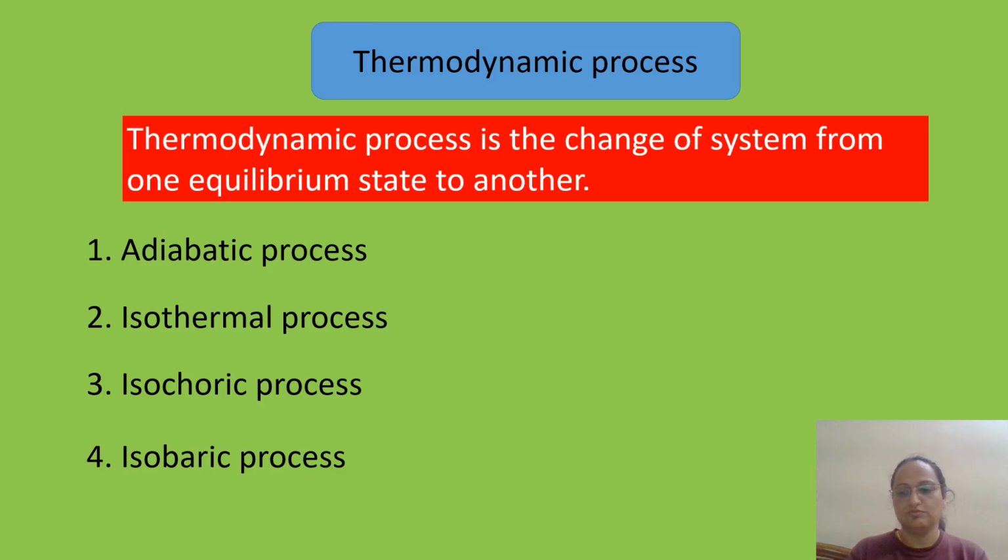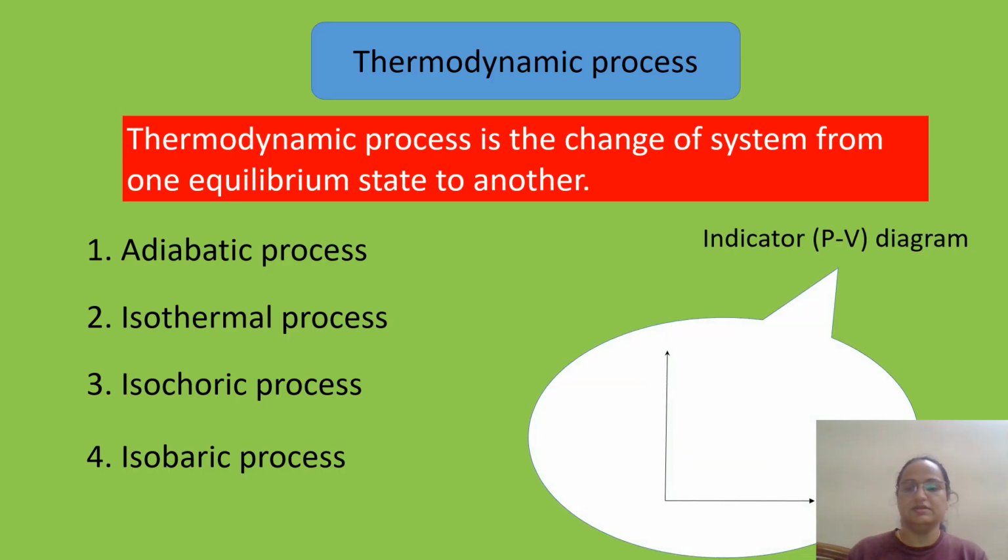Before I further move on with the detailed study of these four processes, I would like to explain one very important term of thermodynamics that we often come across when we study these processes, and that is an indicator diagram. In this diagram, pressure is plotted along the y-axis and volume is plotted along the x-axis. That's why this diagram is also known as a PV diagram.